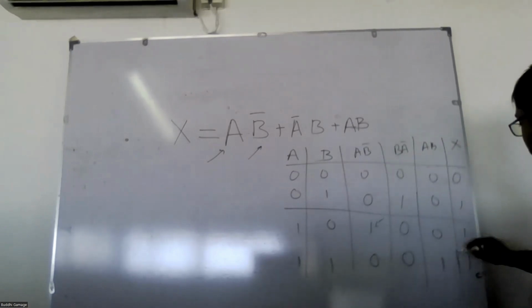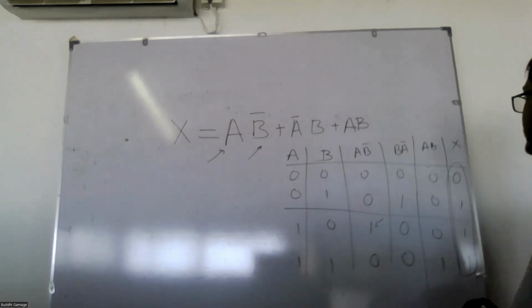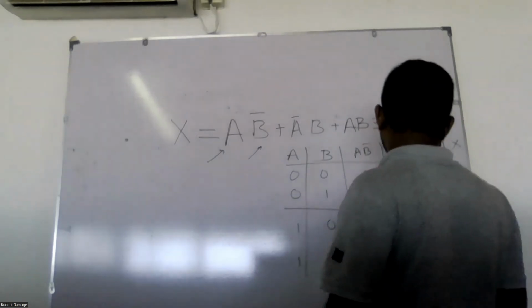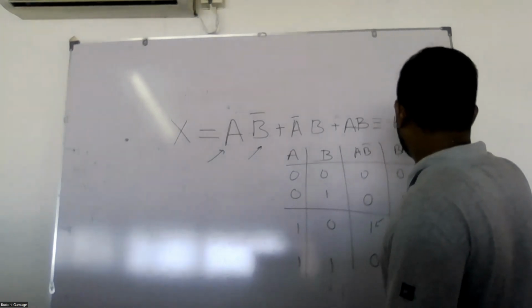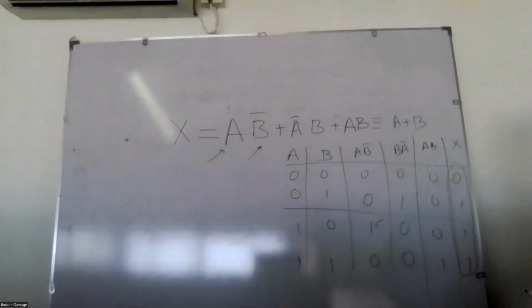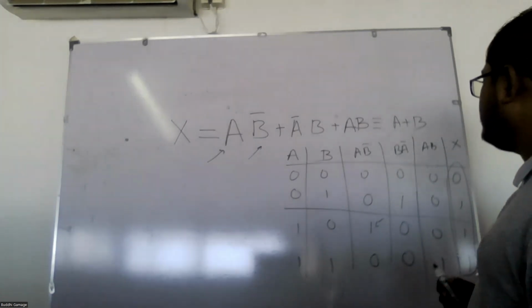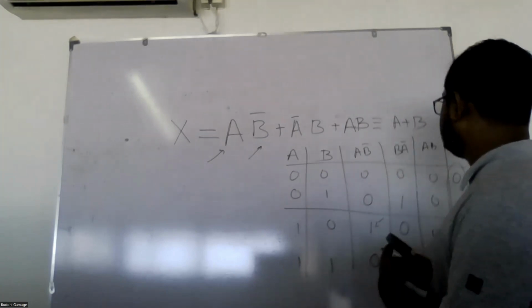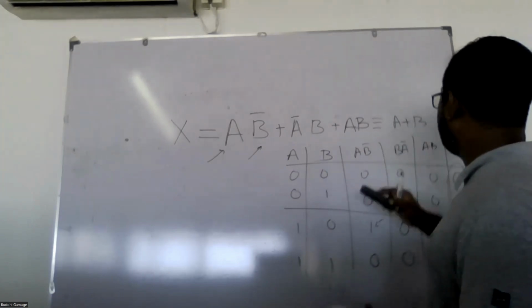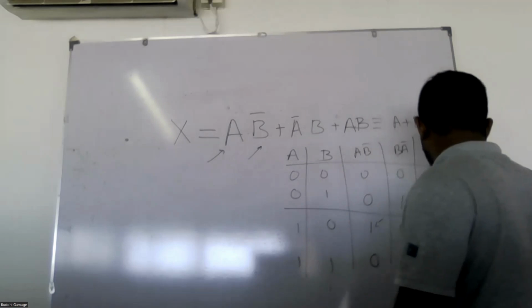So by looking at this, we can say it is an OR gate, right? So it will be equal to A plus B. So we should have some kind of mechanism to derive or simplify a given expression into something simpler.